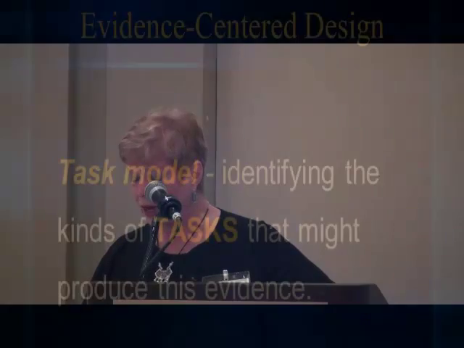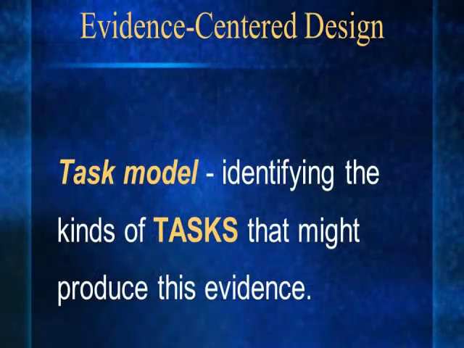And finally, there's the task model. What are the tasks, the kind of tasks that might elicit that level of evidence? I think this is where we have fallen down. Now, nobody was using this model before, I've already said. Nobody's really done this.